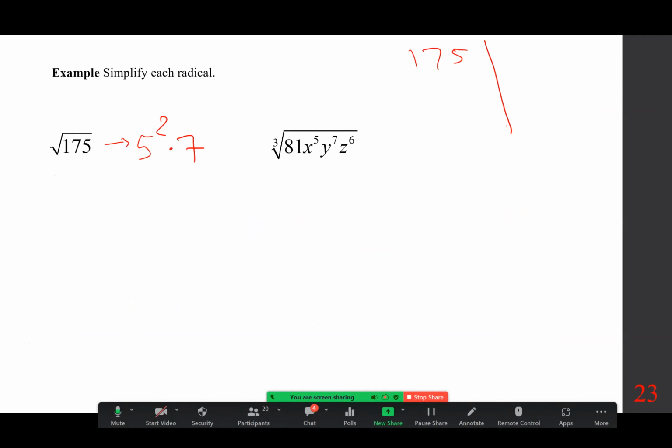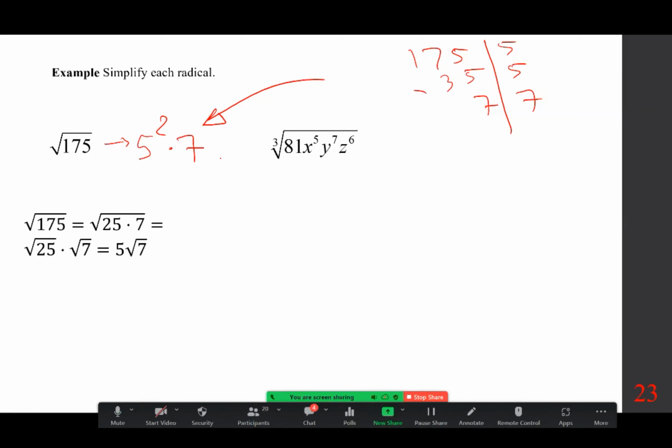No. Can I divide it by 3? 8 and 5, 13. No. So you divide it by 5, and you get 35. 5 again, you get 7. You get 7. And this gives you that. So 5 comes out, 7 remains. So right from here, you can write this.